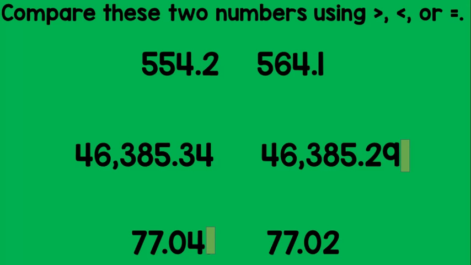All right, let's compare these two numbers using the greater than, less than, or equal to symbol. The first one is 554 and 2 hundredths compared to 564 and 1 tenth. Did I say 2 hundredths? I meant 2 tenths.